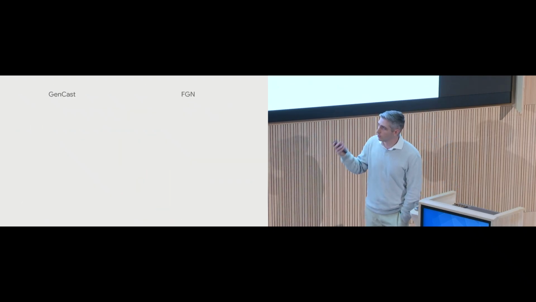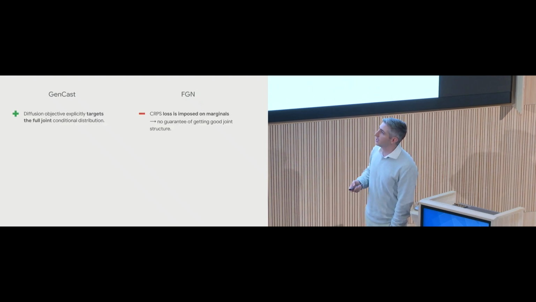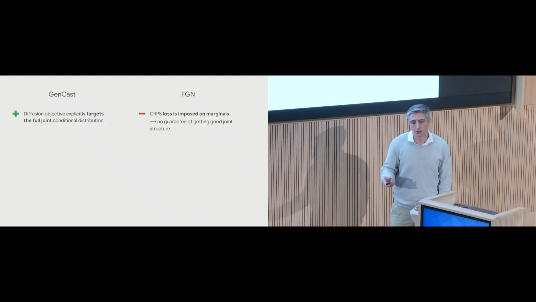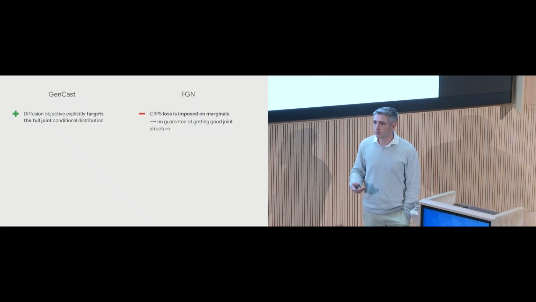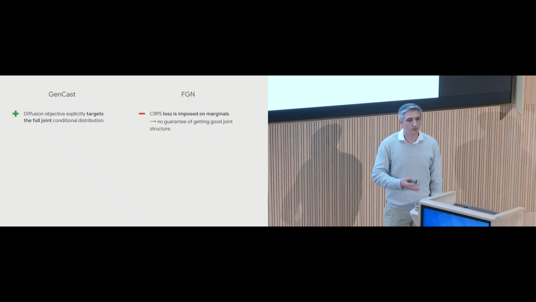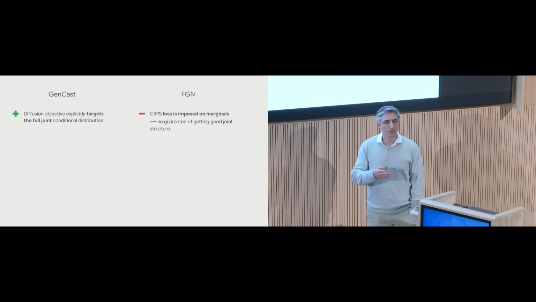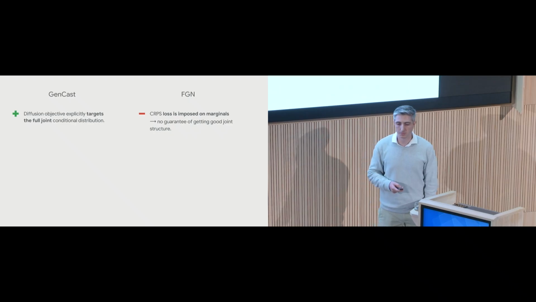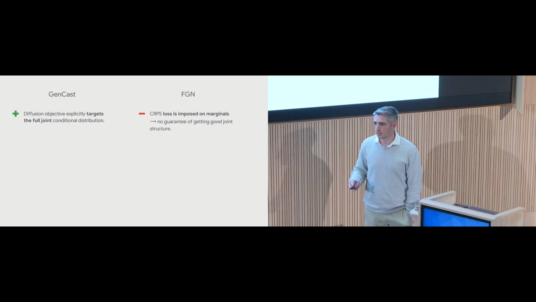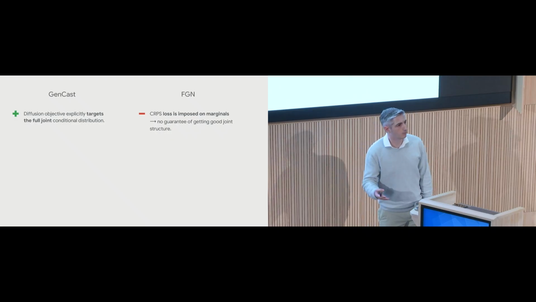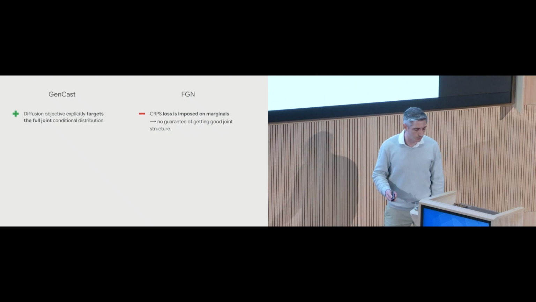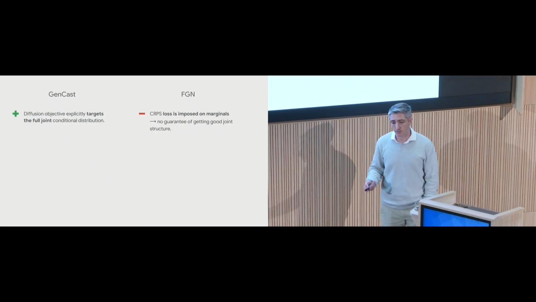So, what have we ended up with? It might seem like we've got something of a trade-off. In the diffusion context, we were explicitly targeting the full distribution, accounting for these intervariable and interspatial covariances. And as I've just explained, we're explicitly not doing that with the loss, at least in the FGN context. We're imposing the loss on the marginals, and so we don't have a guarantee that we're going to get good joint structure in the weather distribution, and that's something that we need.